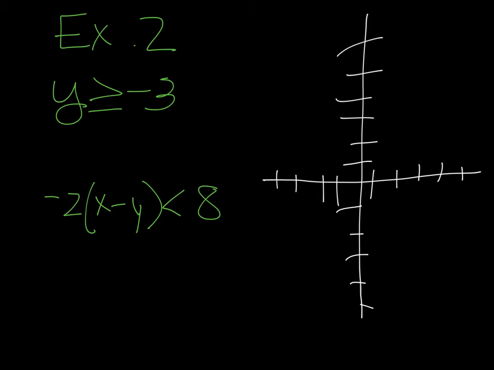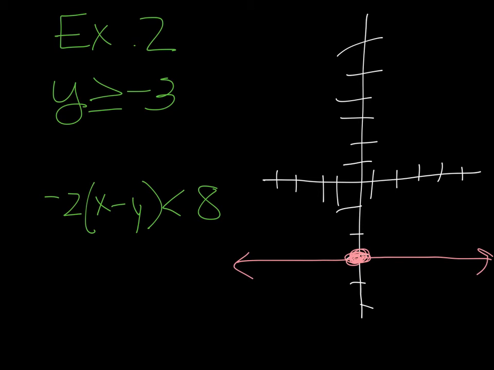Okay, y is greater than or equal to negative 3 is already set up to graph. Y is greater than or equal to negative 3 means we're going to go down on the y-axis to -3, and we're going to put a point. And because it is a horizontal line, and it says equal to, I'm going to draw a solid line.